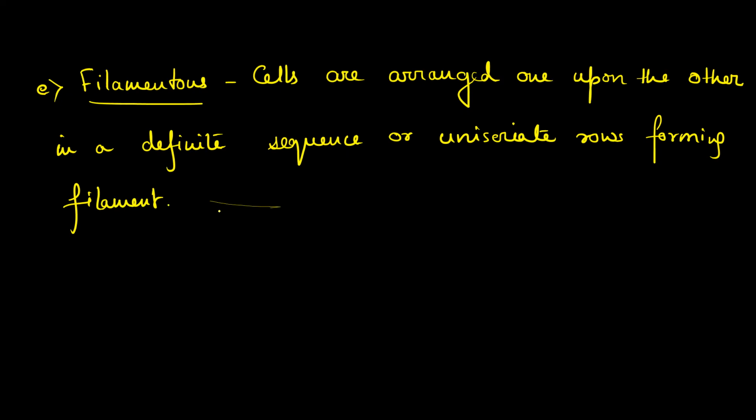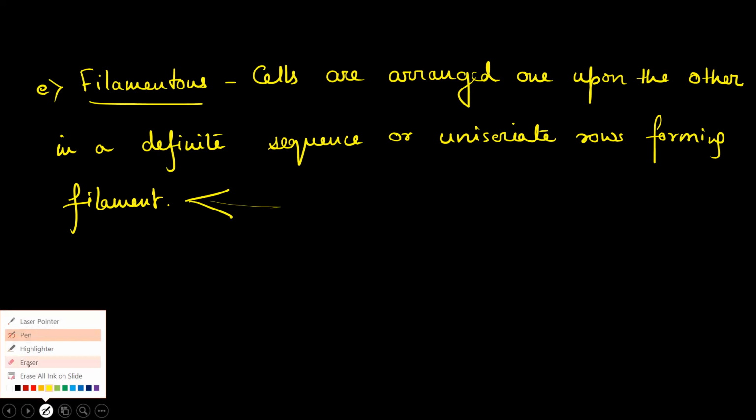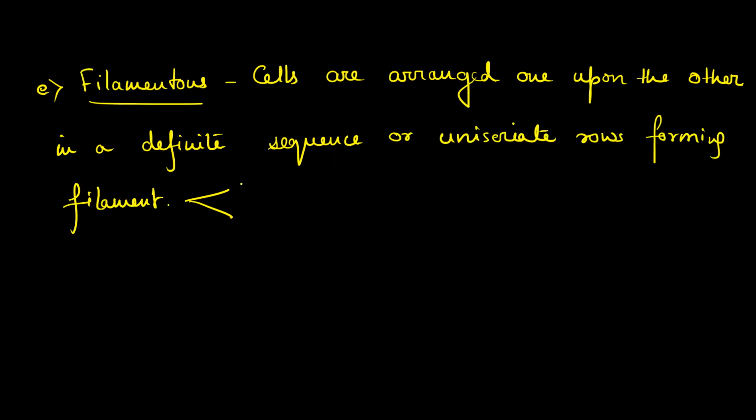Filaments may be branched or unbranched. This can again be of two types. What is that? Branched filament and unbranched filament. As we study the branched and unbranched filaments, we will quote suitable examples.